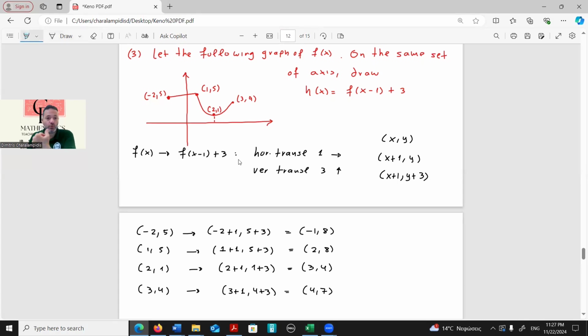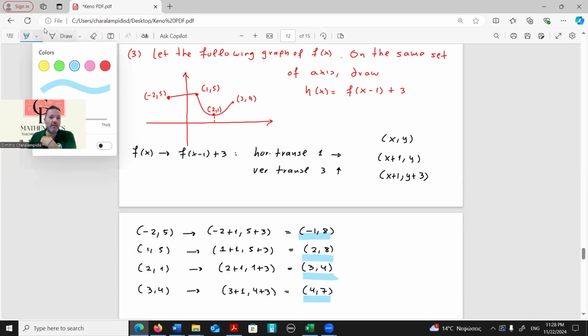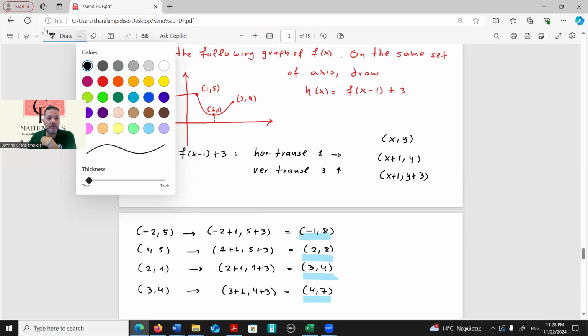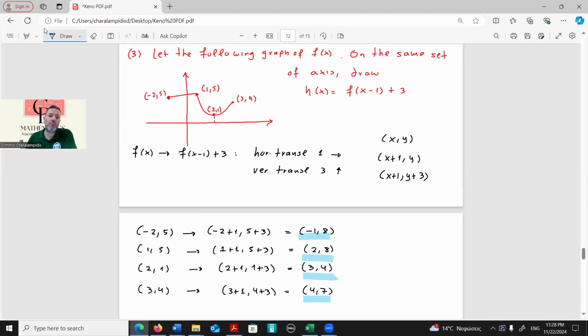I need to draw the new graph, which means that I need to use every single one of these points. I should plot them on the same set of axes, and then I will connect them properly. So minus 1, 8, that could be here.